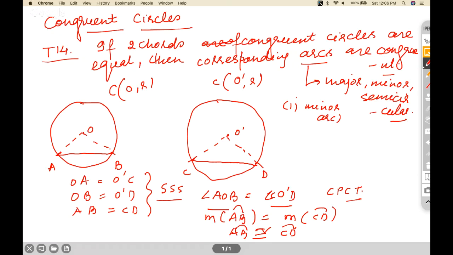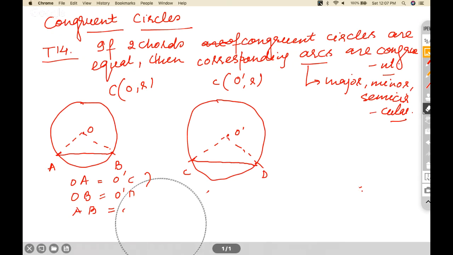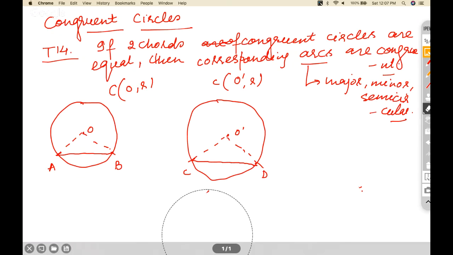Now, if I have to do it for major arc, it would be exactly the same thing, just that you have to select the arc differently. Case 2, I am taking that it is for major arc.